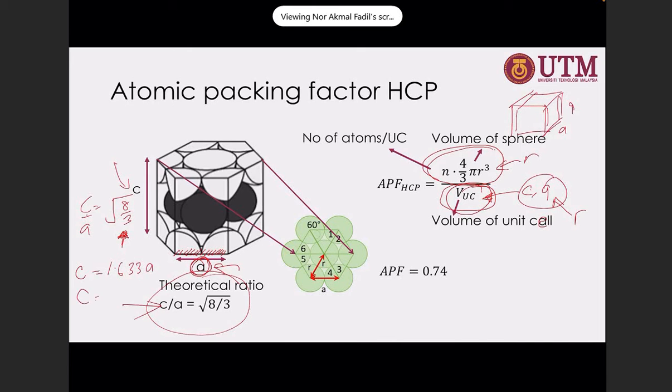So C equal to 1 over 6 3, 3.633 multiplied by 2R.